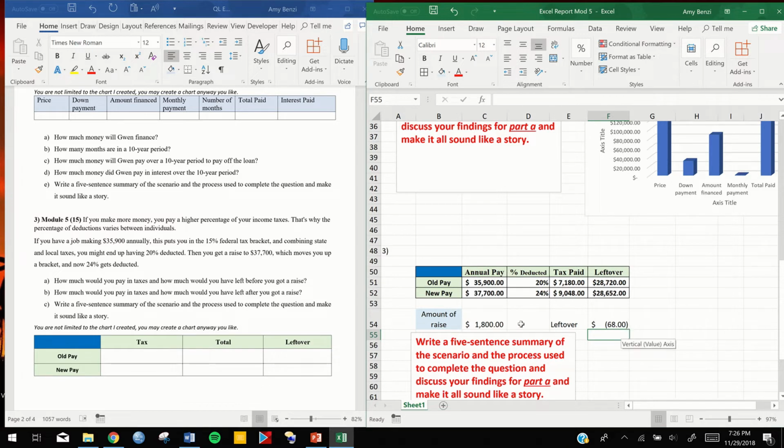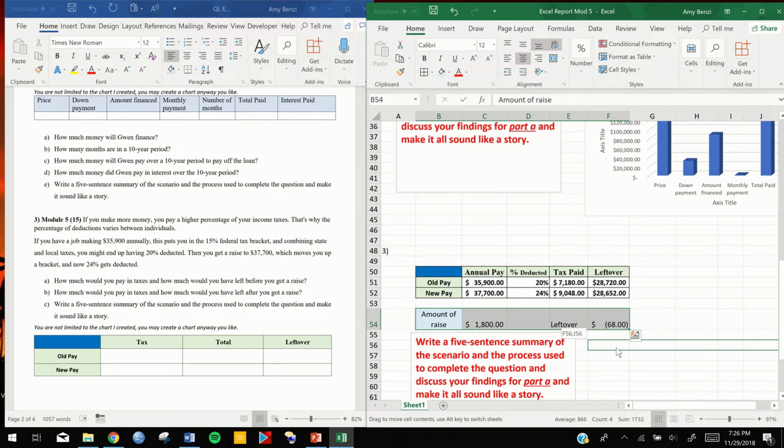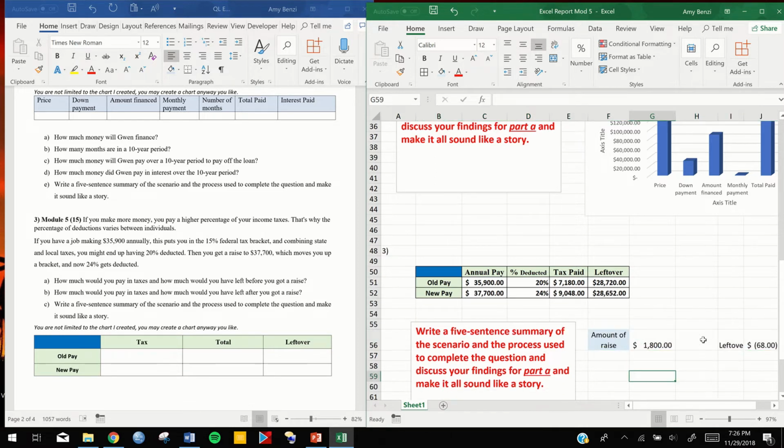So what this means is I got a raise for $1,800, but I'm actually getting $68 less. So I got a raise, but I'm getting less money. So you guys can write about that in your scenario over here. And this stuff can probably be recorded better. You guys can think of a way to record this information better.